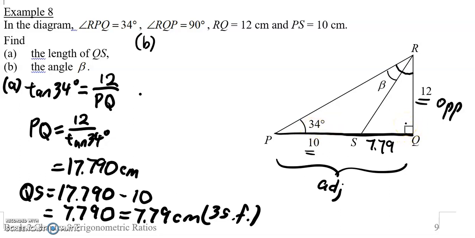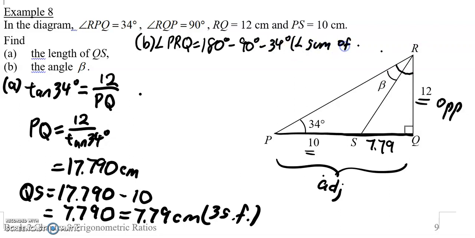So very simply, angle PRQ is equivalent to 180 degrees minus 90 degrees minus 34 degrees. This will be angle sum of triangle. So this gives me 56 degrees.